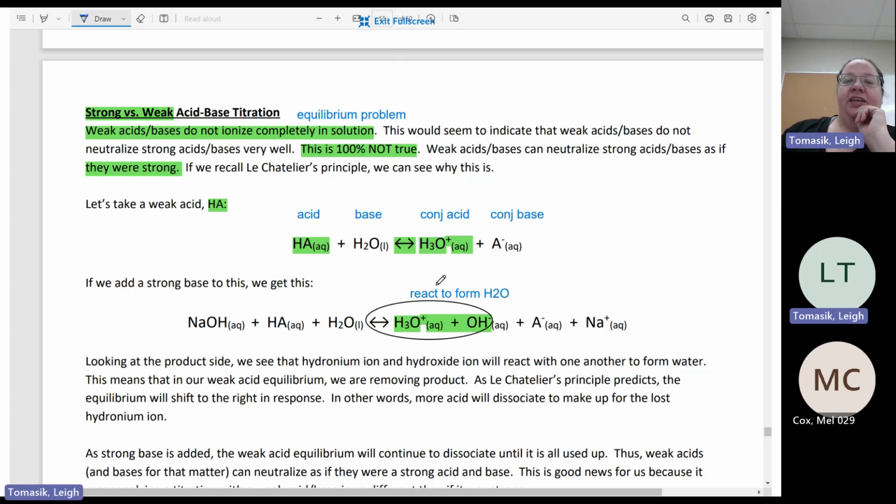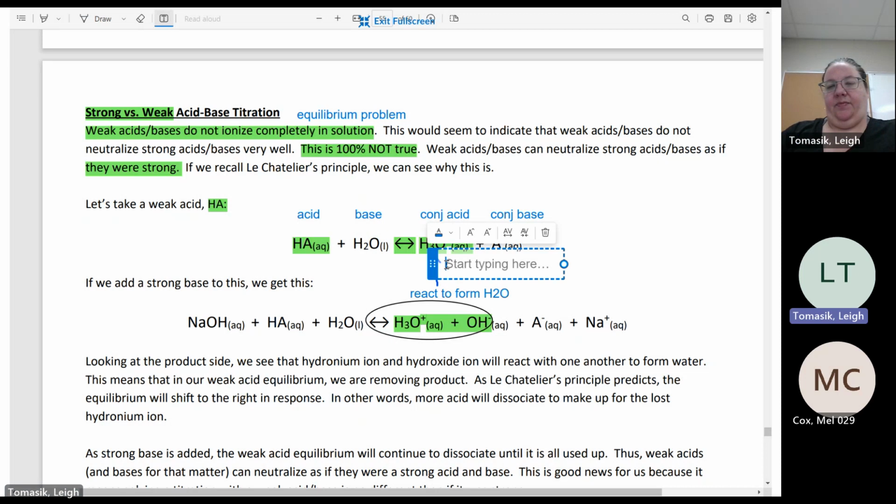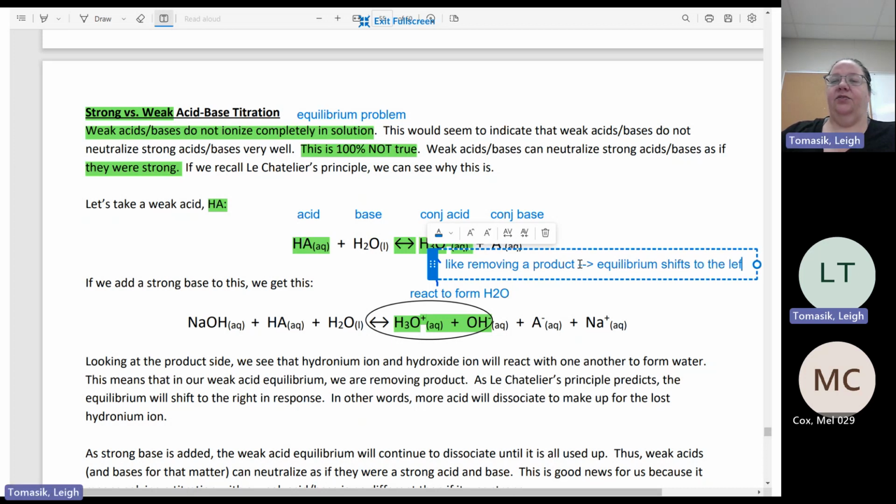When the H3O plus reacts and forms water, it's like removing a product from this equilibrium equation. And when we remove a product, remember the equilibrium shifts to the left.